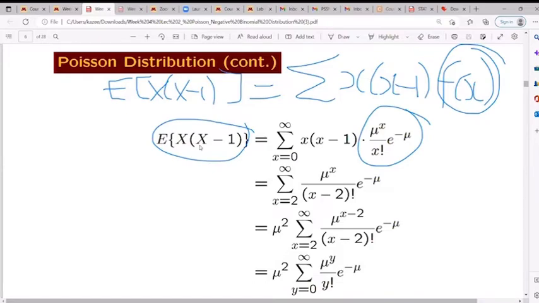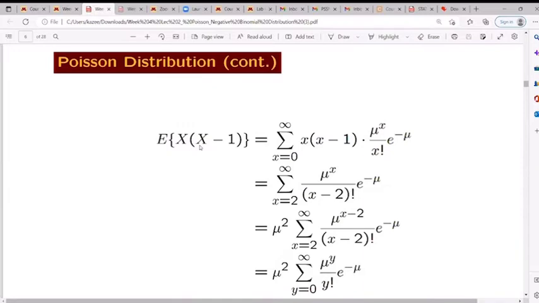Now take a look at what we have. The next thing we're going to do: you remember when I was deriving the mean, I introduced mu and mu raised to power minus 1. Now you understand how we have that.